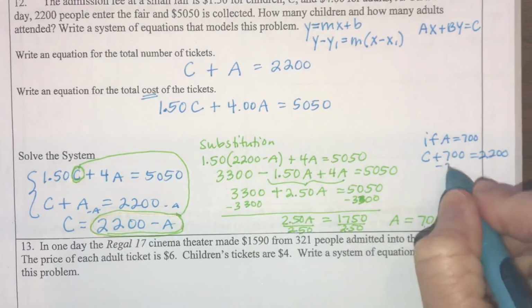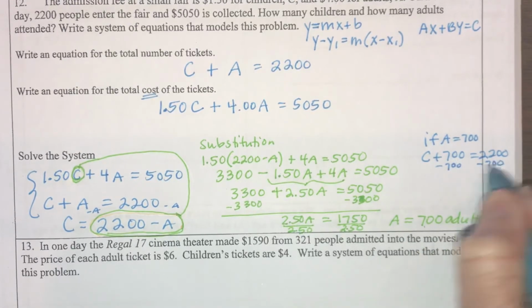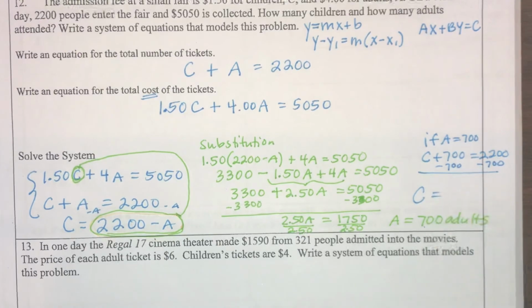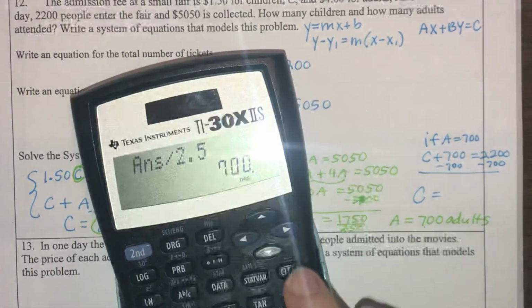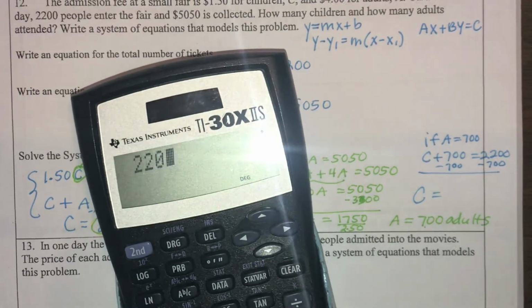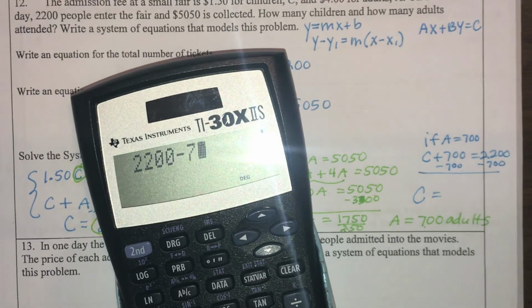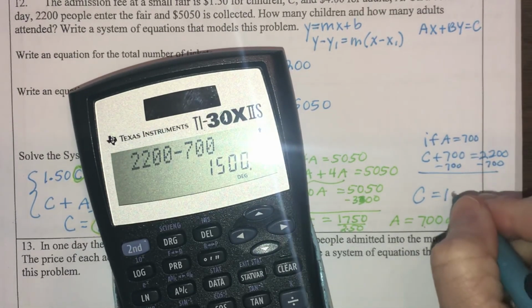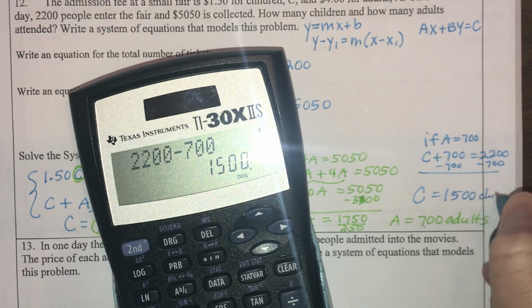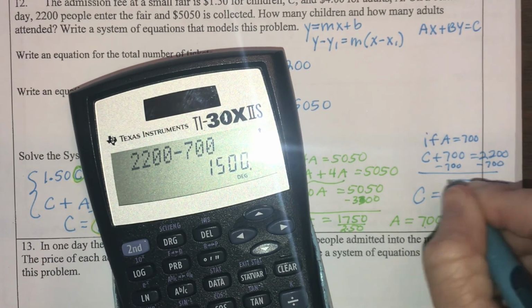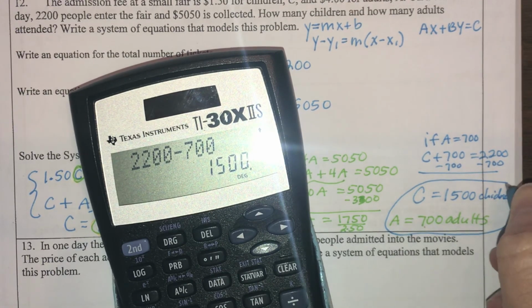So now I'm going to subtract 700, and I'll get the number of children. So 2,200 minus the 700 adults will give us 1,500 children. And that is my answer, adults and children.